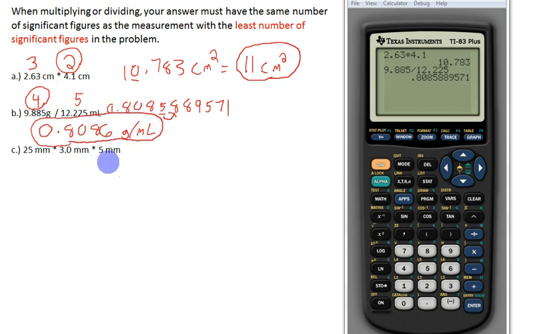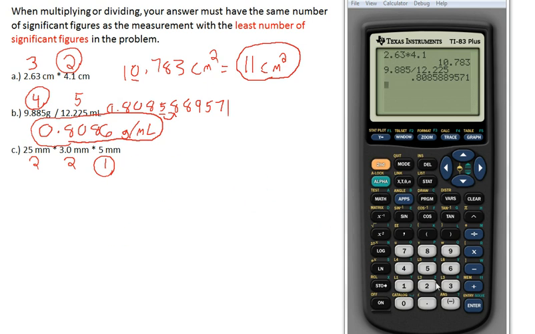Okay, taking a look at C. This time we have a multiplication problem, and there are 3 different measurements here. We can see that there are 2 significant figures there, 2 significant figures there, and only 1 here. So we are going to have 1 significant figure in our answer.